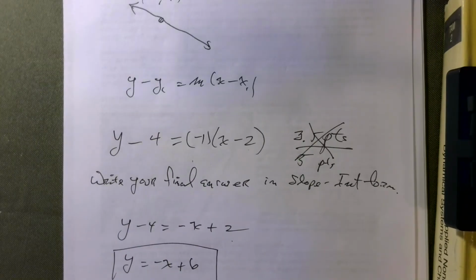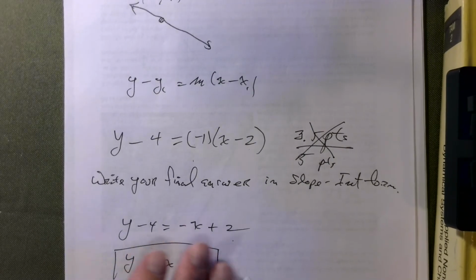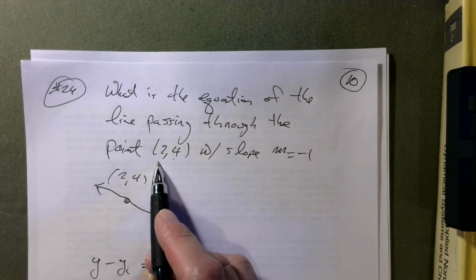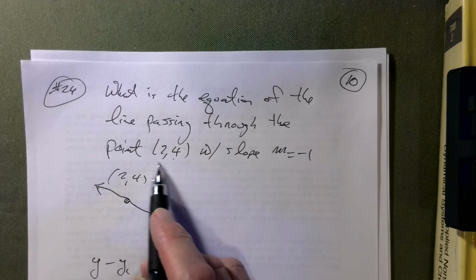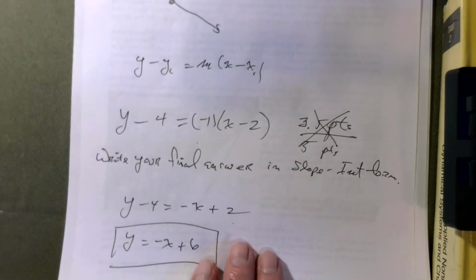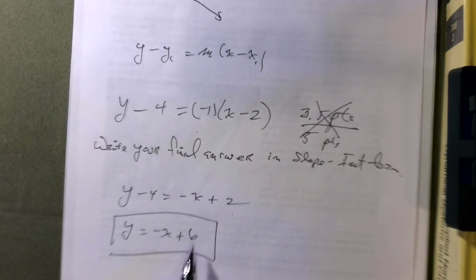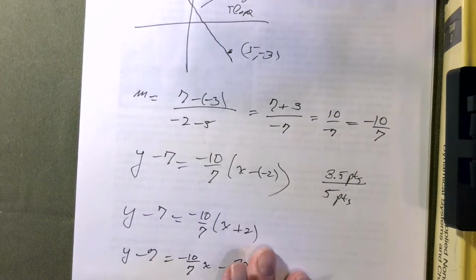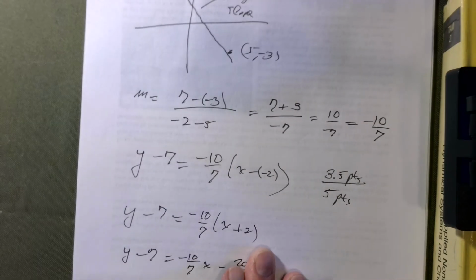Yeah, the slope is a what? A negative 1. And if I put in the point (2, 4), if x is 2, y should be 4. So if I put in a 2 here, 6 minus 2 is indeed 4. We have the correct equation. So it's always a good idea to check your answers.